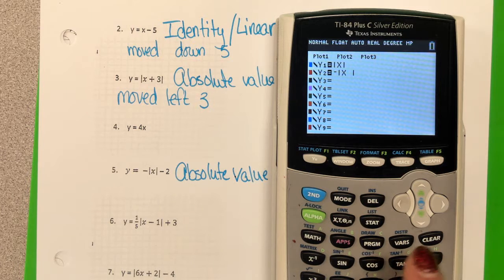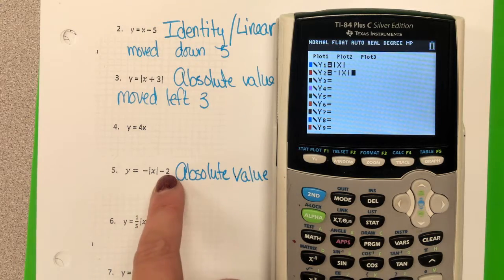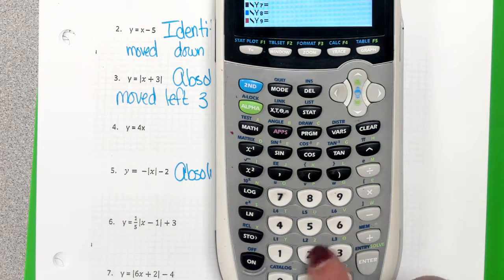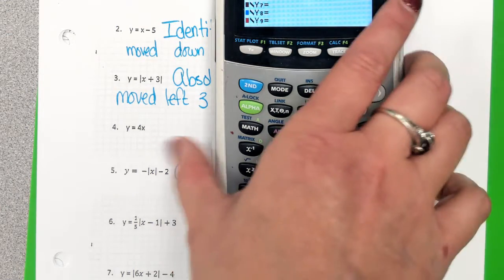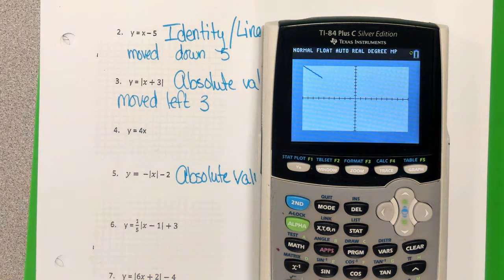X. So then you're either going to hit the right arrow, or you're going to close your parentheses, and then what's it say after that? All right, now you have to hit the subtract 2 for that. If you don't hit the subtract 2, it will not give you the right answer, okay? All right, let's hit graph. The very first one is going to be our parent graph. The second one's going to be our transformation.